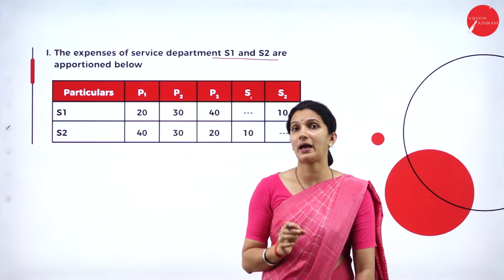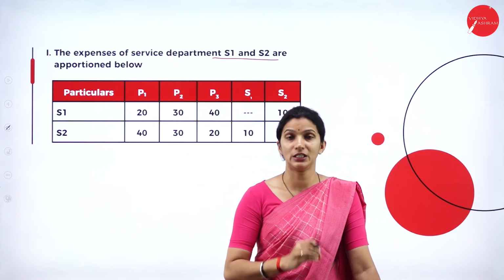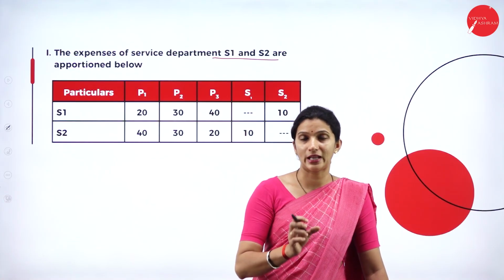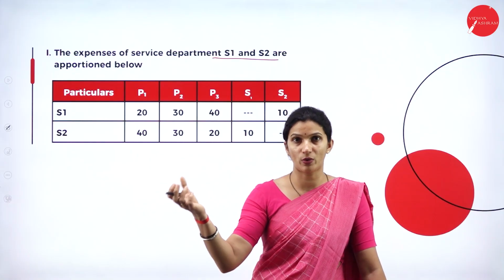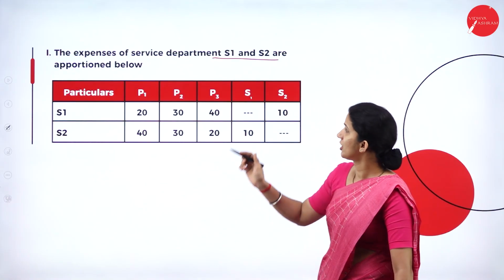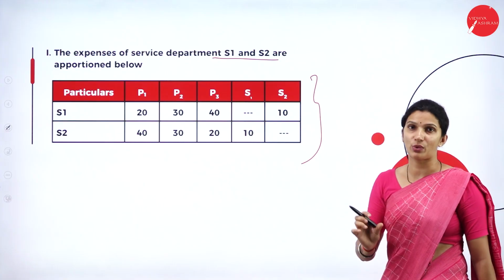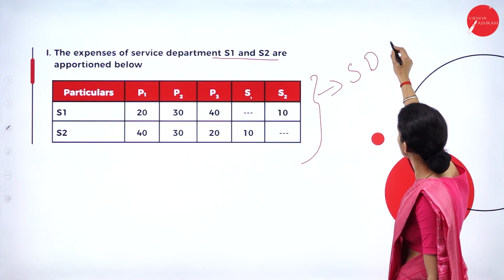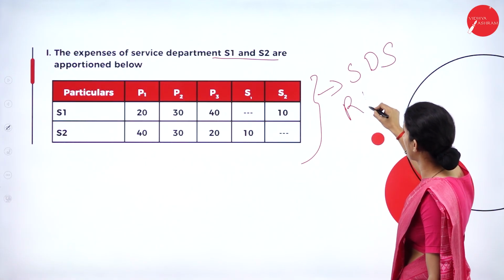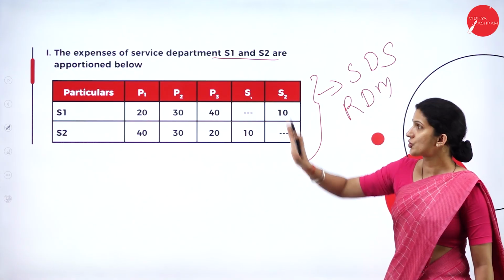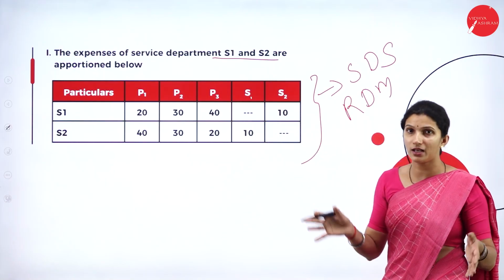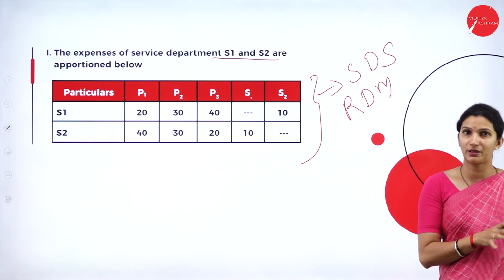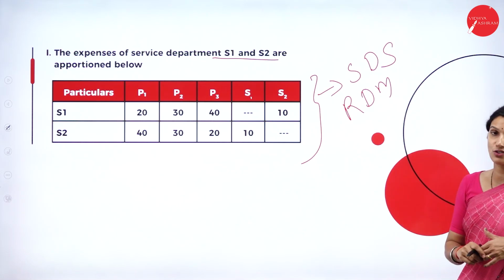That means after you prepare the primary distribution table, you have to prepare the secondary distribution, where you reallocate the service department overhead to all the other departments. From this information we will prepare the secondary distribution summary under the repeated distribution method. When this information is given, it is clear that you have to prepare the secondary distribution table under the repeated distribution method.